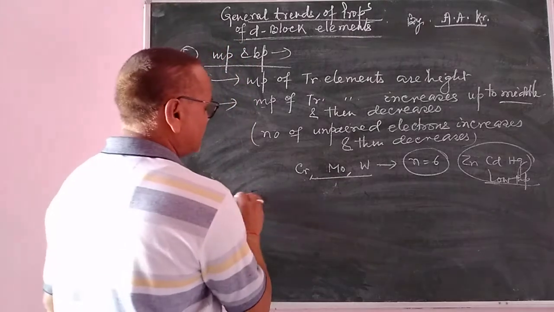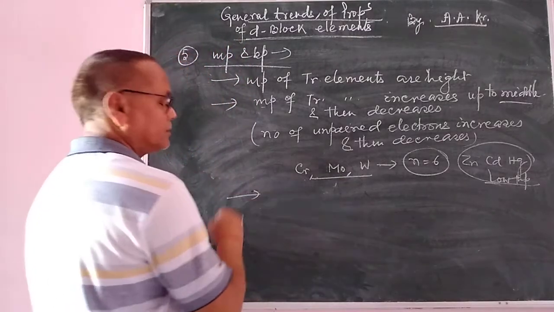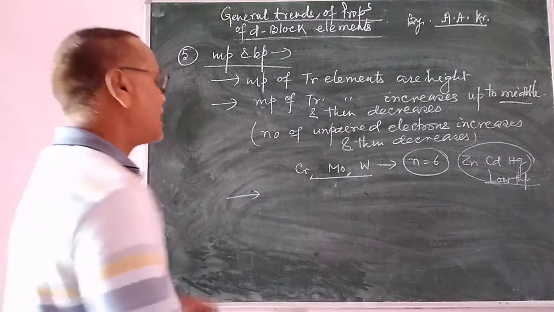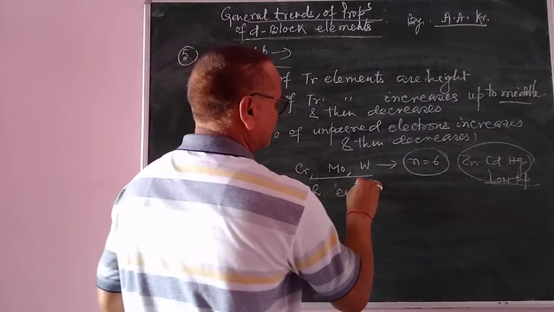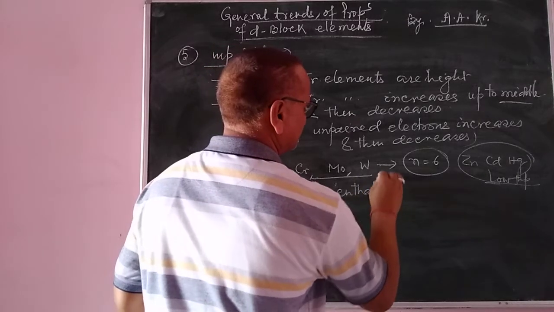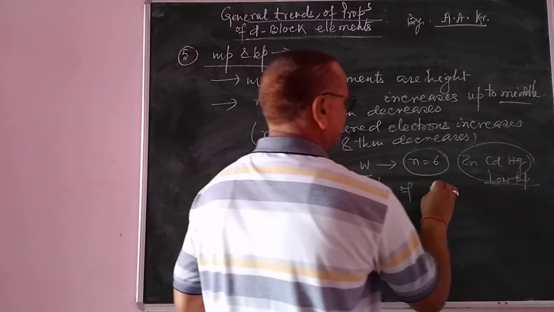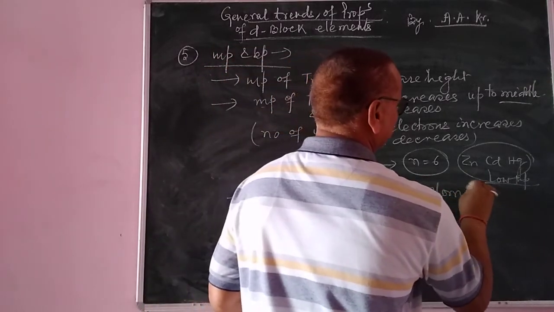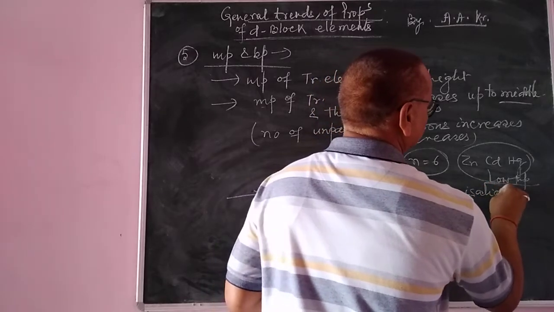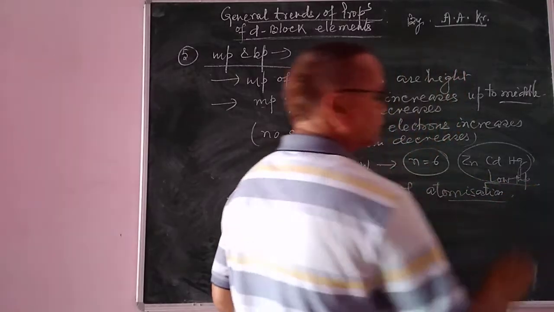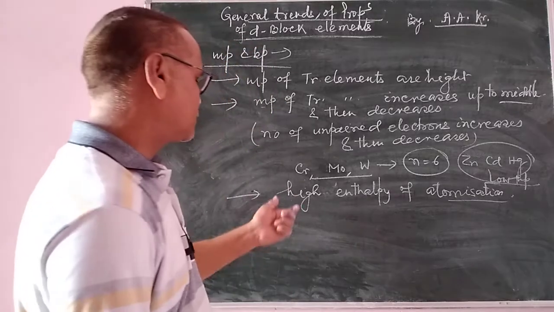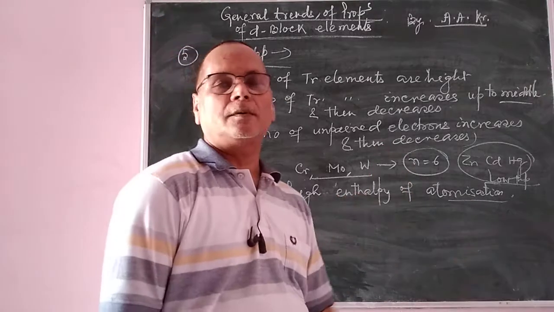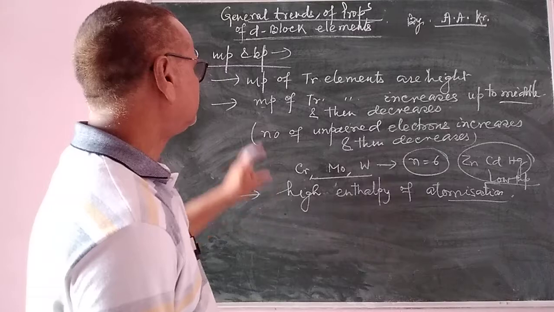Due to formation of metallic bonds, they have high enthalpy of atomization. It means that to convert these into atoms, they acquire a large amount of energy.